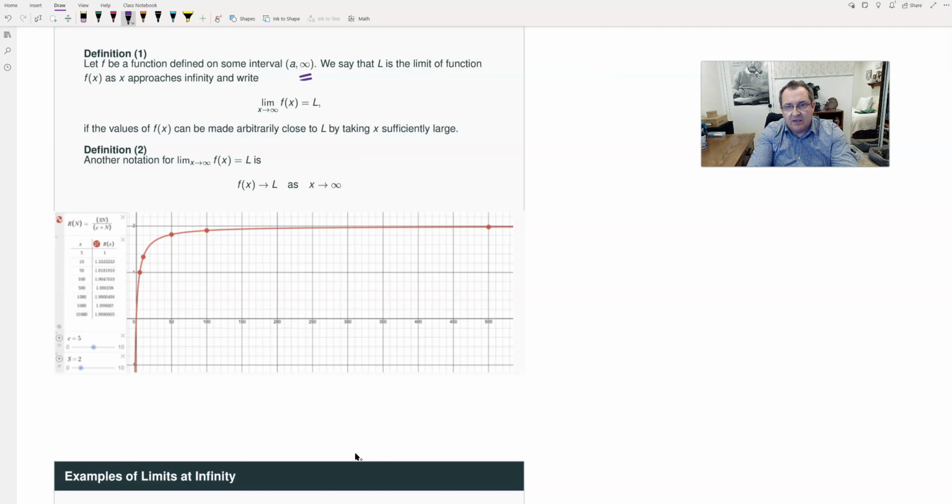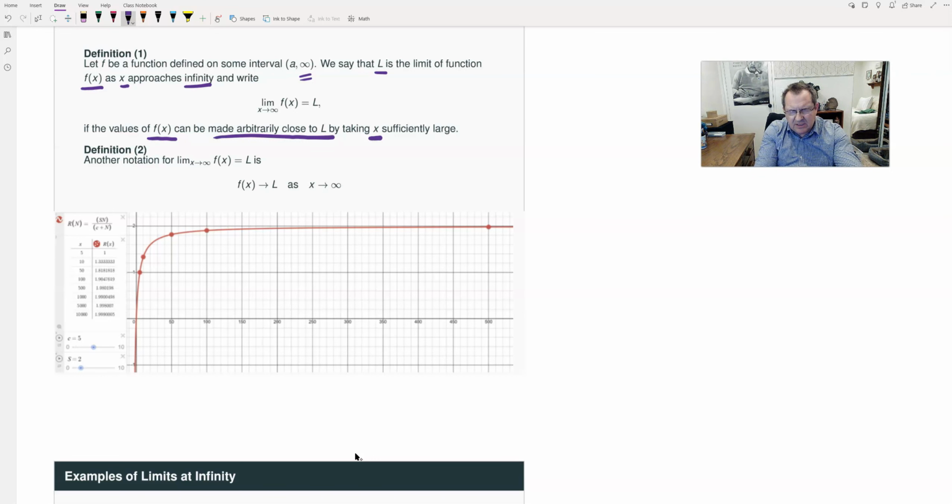We say that value L is the limit of function f of x as x approaches infinity, and we will write this formula, which I'll go over in a second, if values of the function can be made arbitrarily close to value L by taking x sufficiently large.